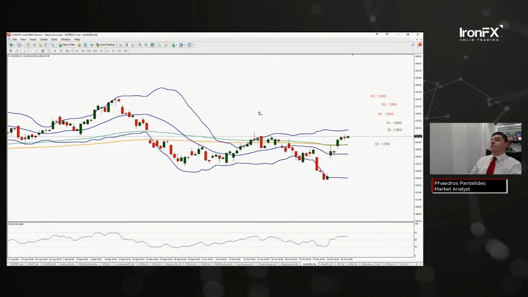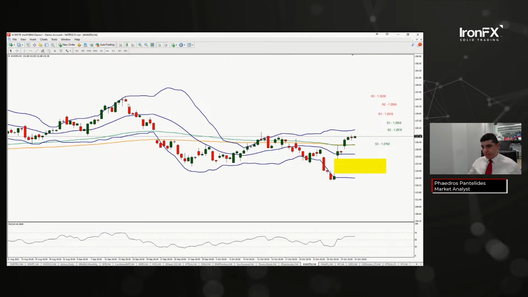So we have, let's note the gaps first. Let's take this rectangle, breakaway gap, and then this may have been filled. Let's see. Continuation gap, perhaps.